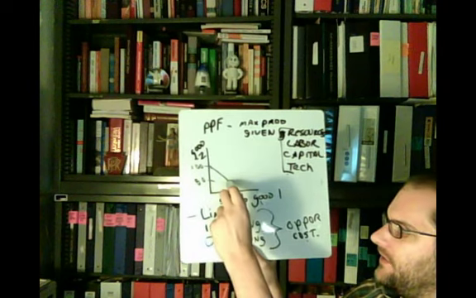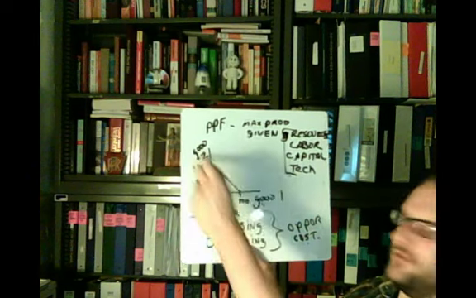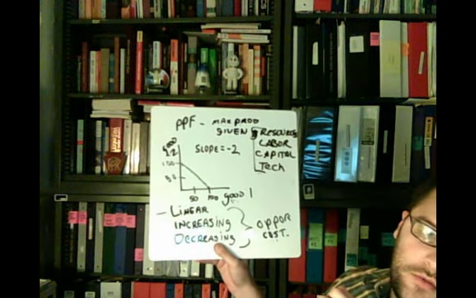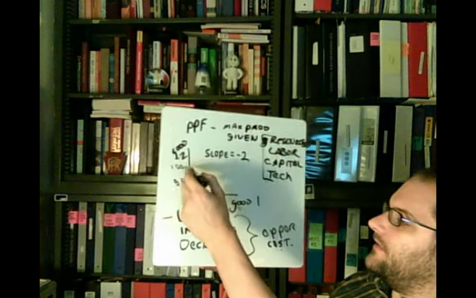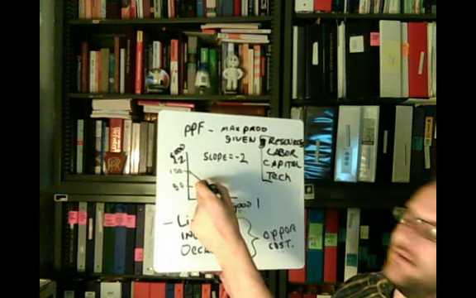If we're on the frontier, on the line, I always give up the same amount of good 1 for good 2. Let's say that the trade-off is equal to -2. That would mean that I give up 2 units of good 2 for 1 unit of good 1.